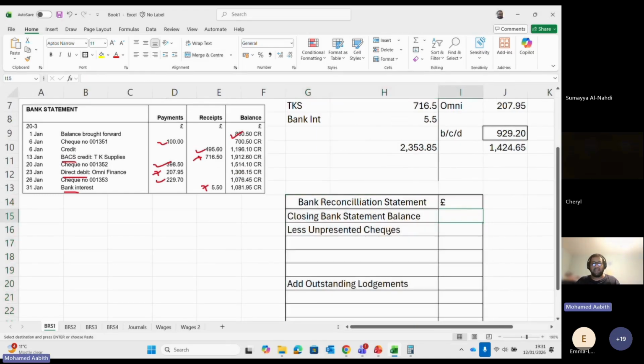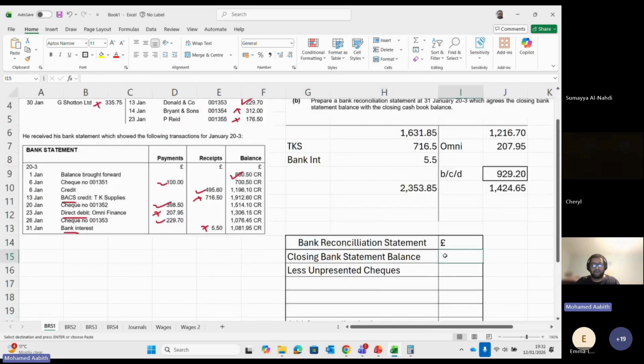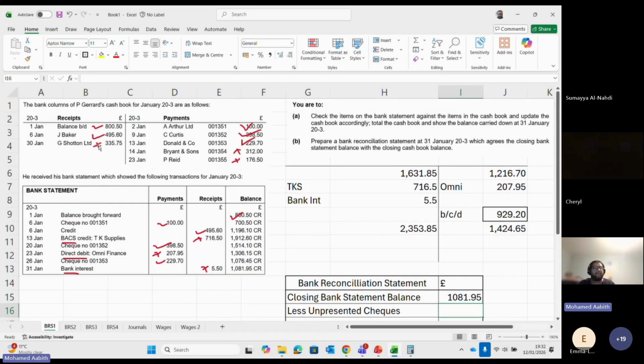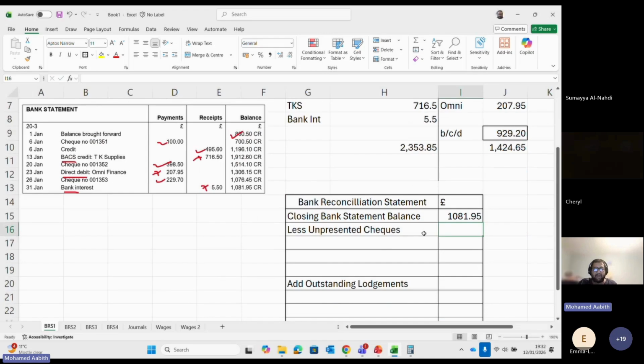Okay, now let's say here, what is the number we have for the closing bank statement? It's going to be £1,081.95. So this is the closing balance of the bank statement. What are the things we have in our cash book as our timing differences? Less any unpresented checks.